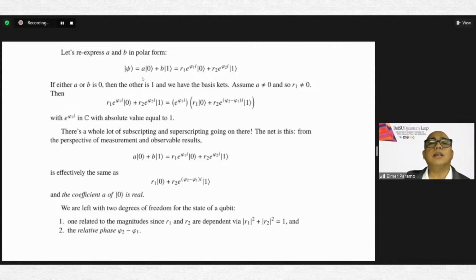So as you can see here, A is alpha and B is beta. Since they are complex numbers, we convert them. This is the derivation, or the simplification, of the representation of a quantum state on a Bloch sphere.